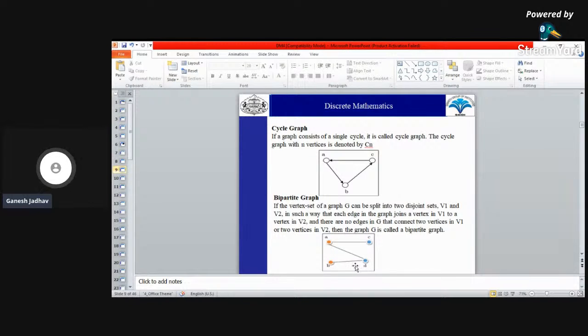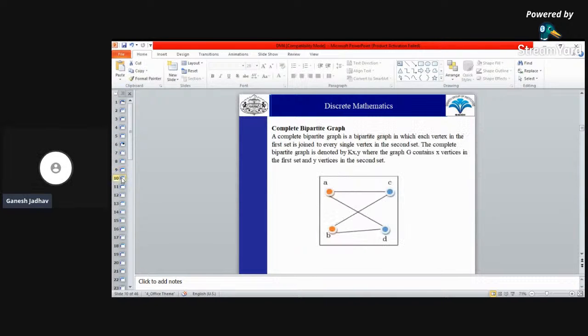This particular graph is also called a bipartite graph. So listen carefully. What is a bipartite graph? And the complete bipartite graph.